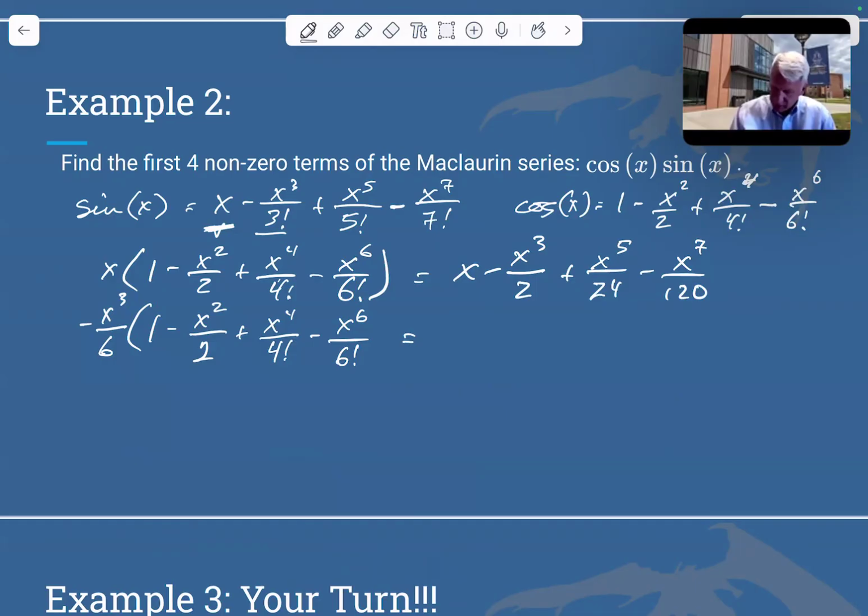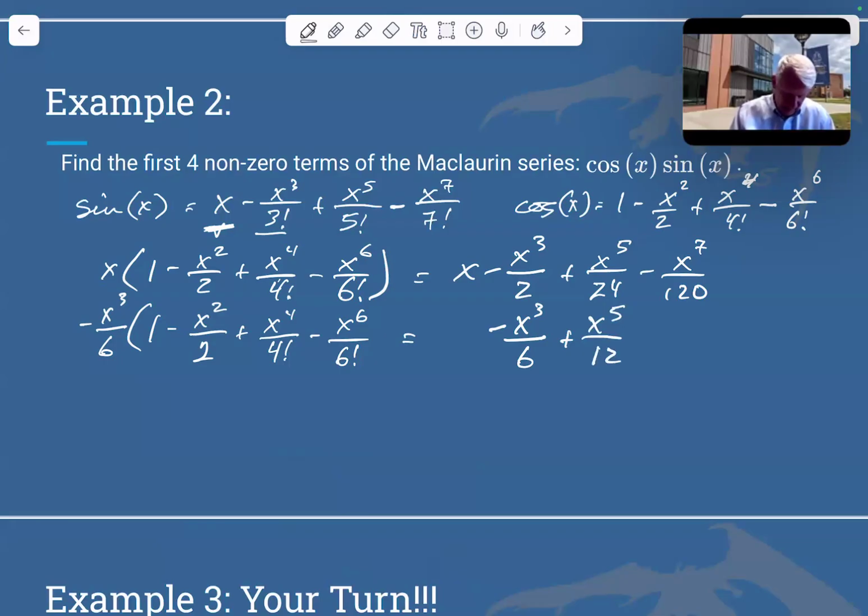All right. So if I do this, I've got to the third power a negative x to the third over 6. I'm going to have a plus, because negative times negative, x to the fifth over 12.